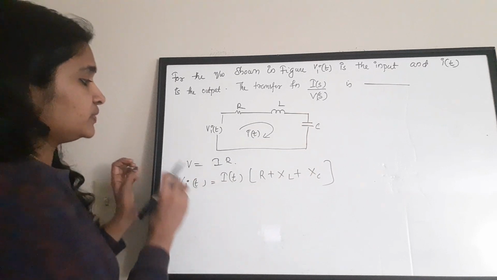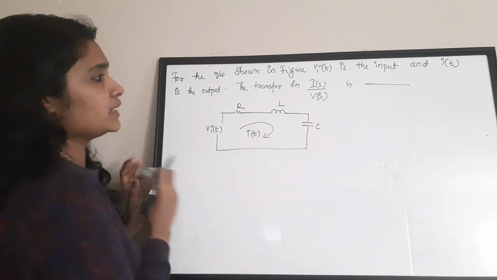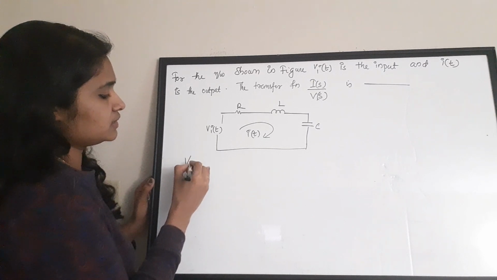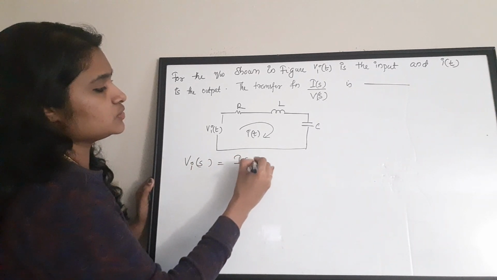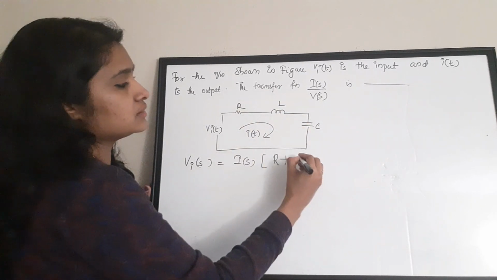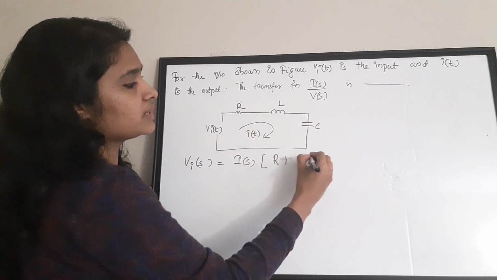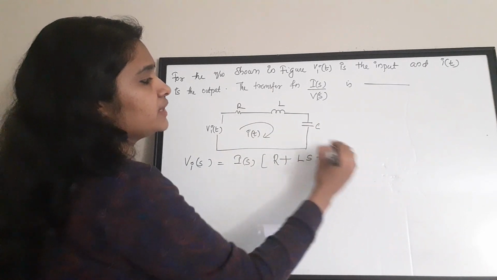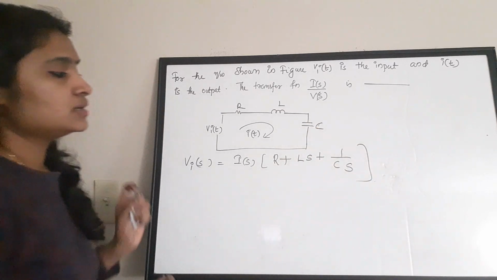So, I am going to write Vi of s is equal to I of s into R plus the Laplace of this inductance, which is L into S, plus for capacitance it is 1 by C into S.